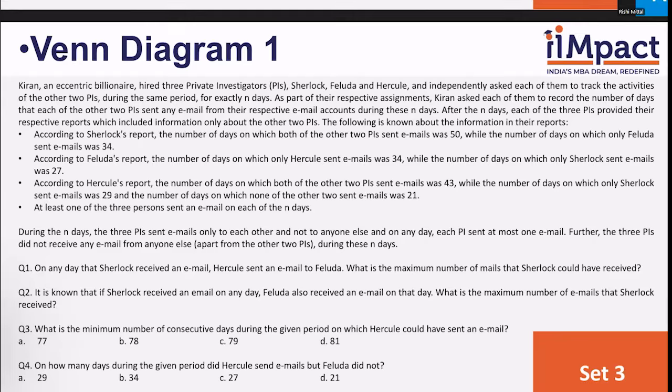Further, the three PIs did not receive any email from anyone else apart from the other two PIs during these days. So just essentially isolating this universe that there is no other sender receiver outside these three PIs, and also telling us that there is only one mail on one day that one PI sends. So that again we don't get confused with the number of mails, so on and so forth. Very simple. Let's look at the clues and try to answer the questions.